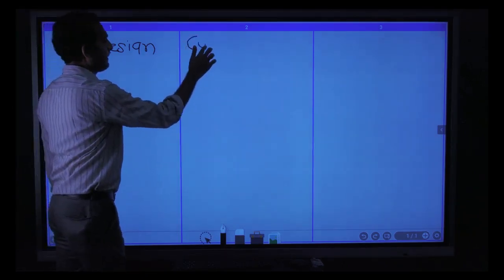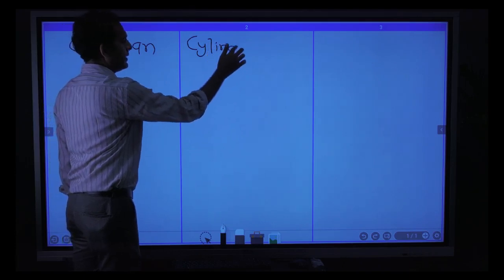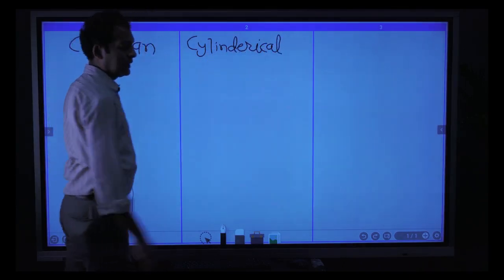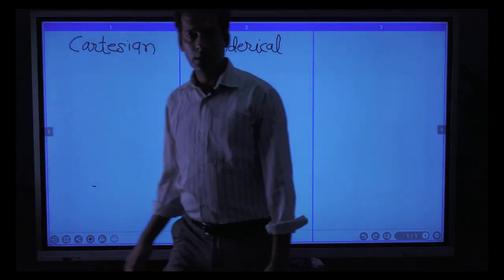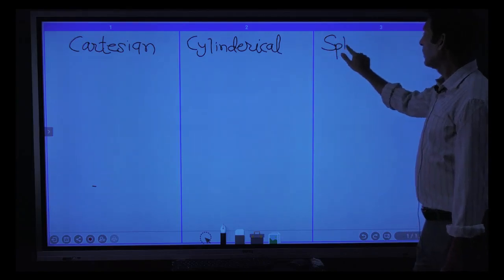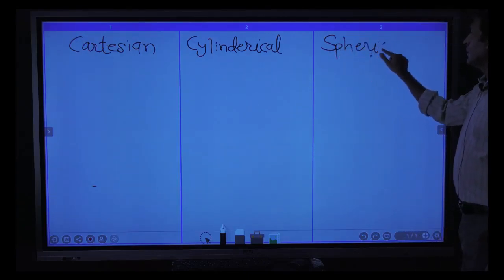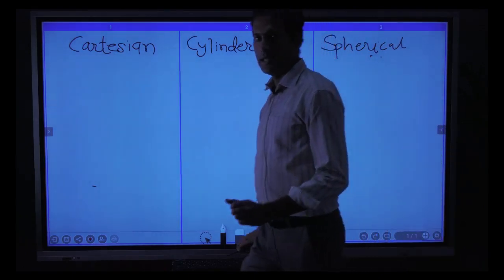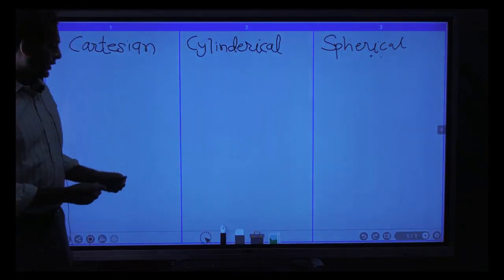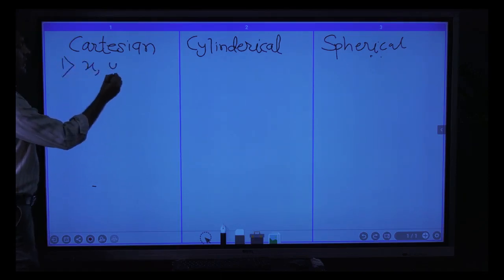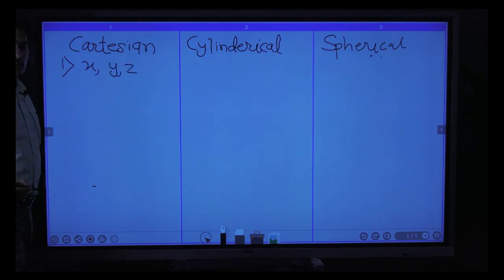Second one is cylindrical coordinate system. Third one, the latest one we are discussing, is spherical coordinate system. So first we will write down the three elements for the Cartesian coordinate system. Three elements for Cartesian are x, y and z.